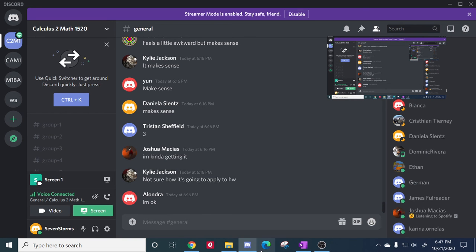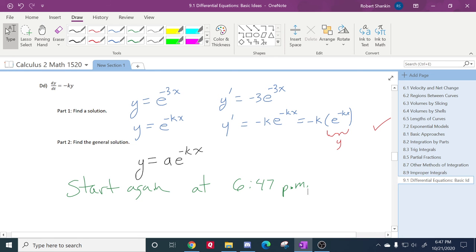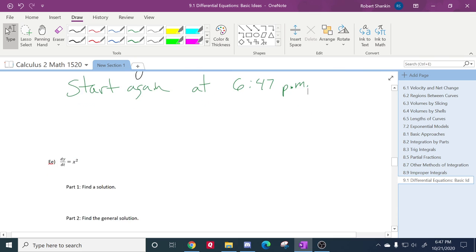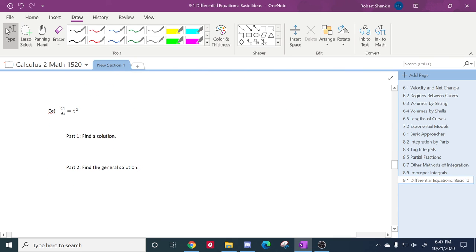All right, we shall start again here. All right, next one. Now I can't mix up my t's and my x's. Let's make this dy dx is equal to x squared. Find a solution, find the general solution.